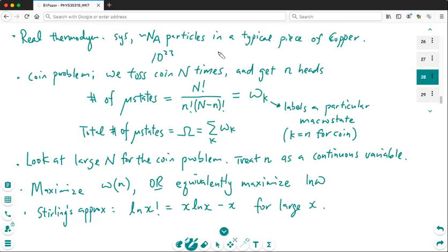Okay, so we are really setting up the problem in a way that we can do all this. We want a large number, and then we will have factorial to worry about, and then we do the log rather than the function itself, in order to be able to use Stirling's approximation. Okay, look, I want to maximize this thing, which means I want to maximize this expression, right? So I can see this as omega of n.